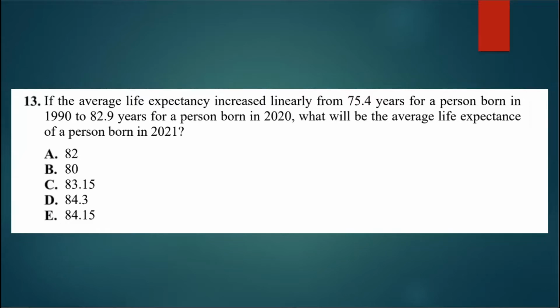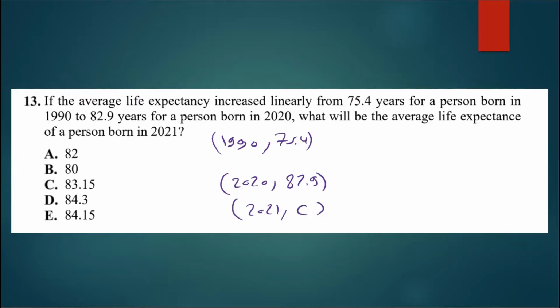If you're born in 1990, the average is 75.4. And if you're born in 2020, your average will be 82.9. So for people born in 2021, what does the average go to?